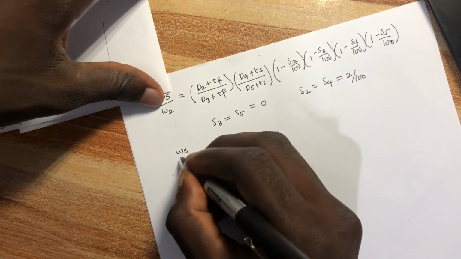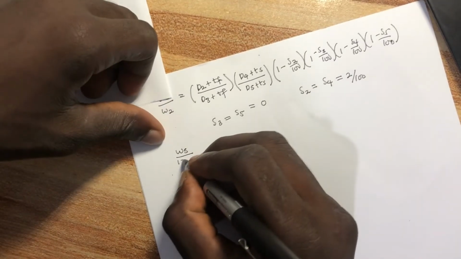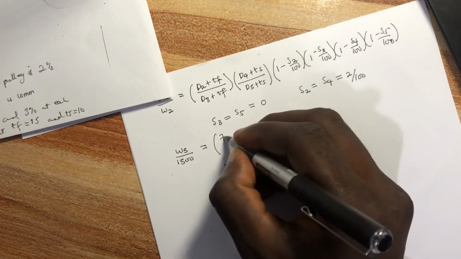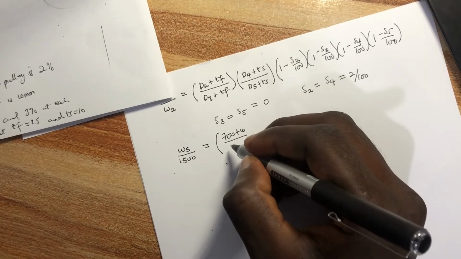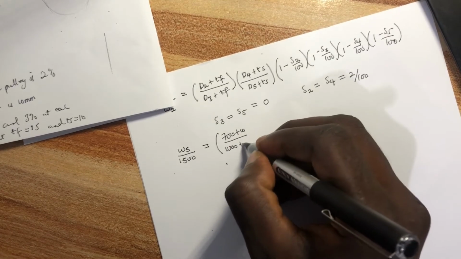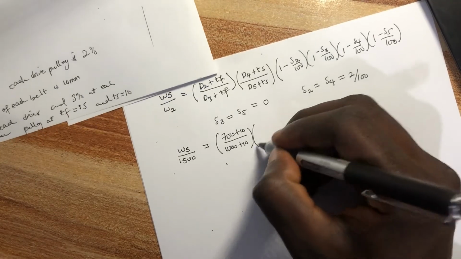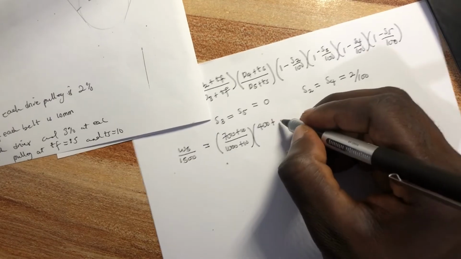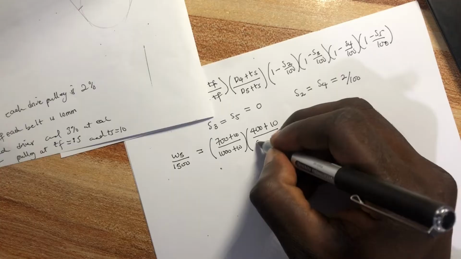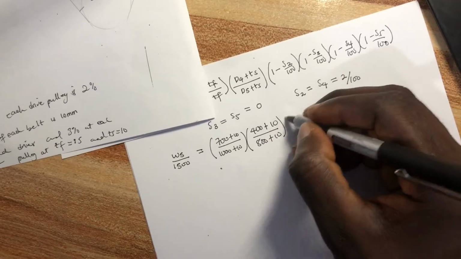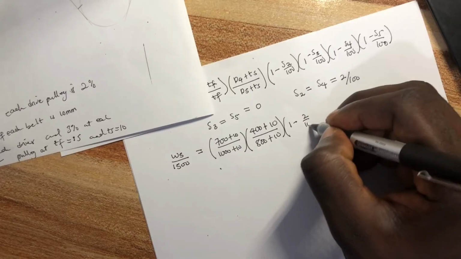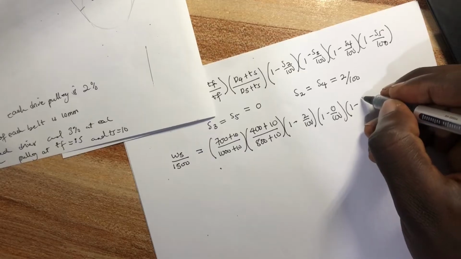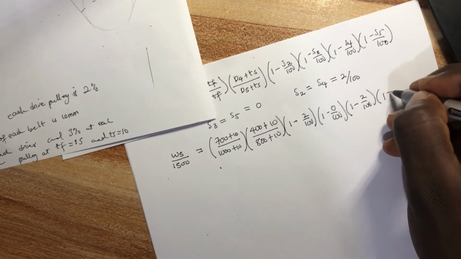So omega 5 all on omega 2, which is 1500, put it here, should be equal to D2 is 700, so 700 plus 10 all on D3 1000, so 1000 plus 10, multiplying D4 is 400, and thickness of second belt is also 10 all on D5, which is 800, and thickness of second belt is also 10. 1 minus S2 2 on 100, S3 1 minus 0 on 100, S4 1 minus 2 on 100, S5 1 minus 0 on 100.